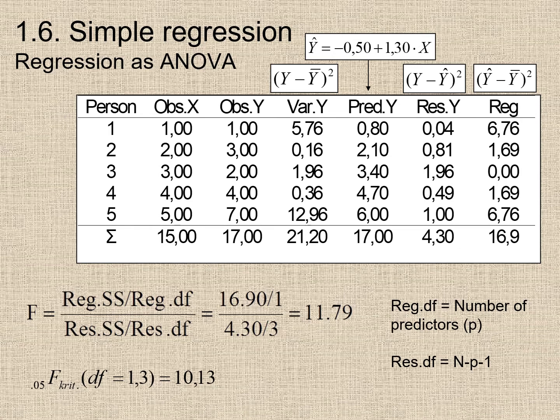In that F table, we would find the value of 10.1. How do we interpret this value? 10.1. And F values, because they are ratios, can only be positive. There are no negative F ratios.